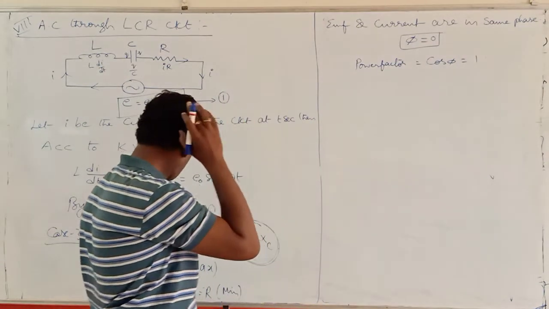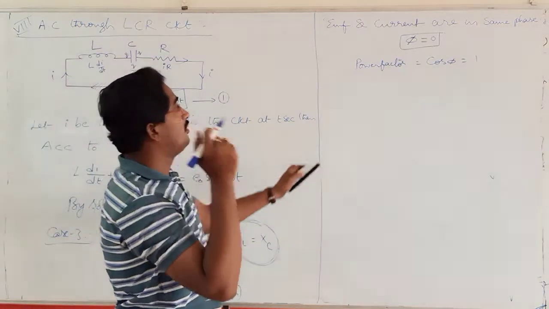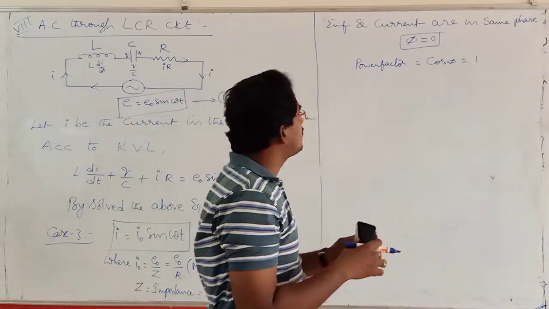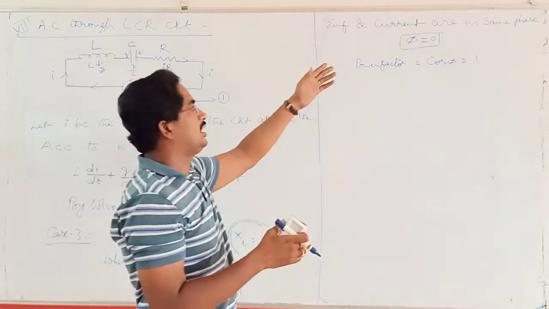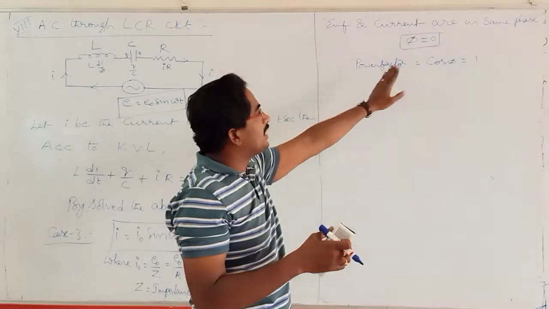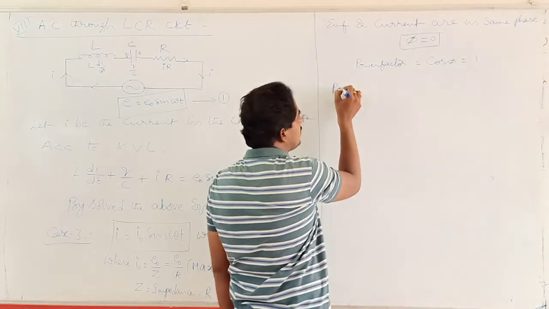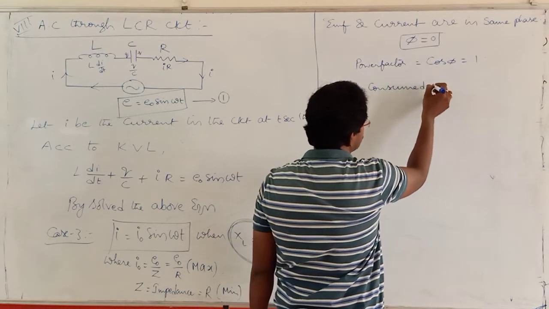What is the phase difference between current and EMF? Both are in phase. This is the correct one: power factor equal to 1. What about the power consumed in this circuit? How much?